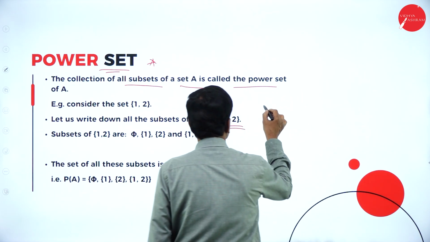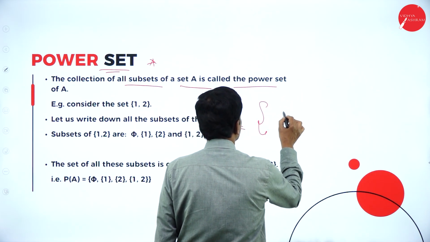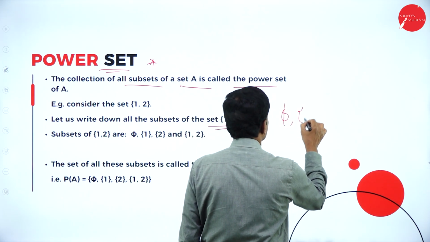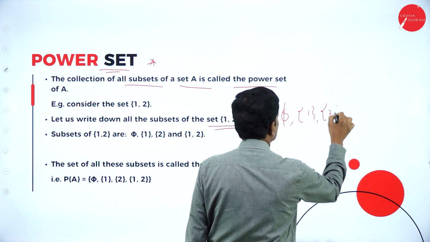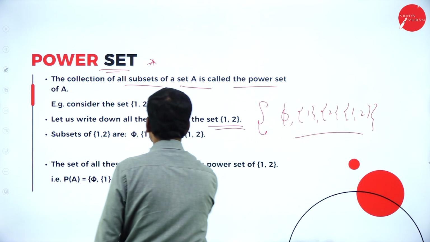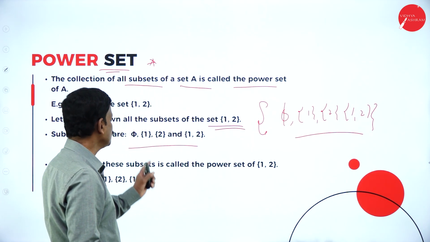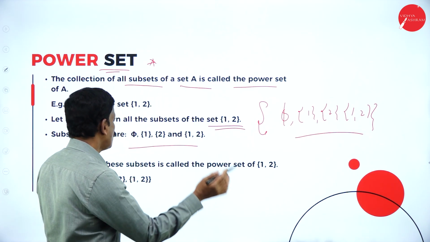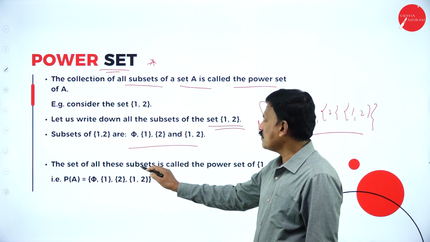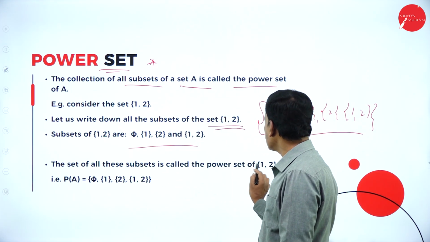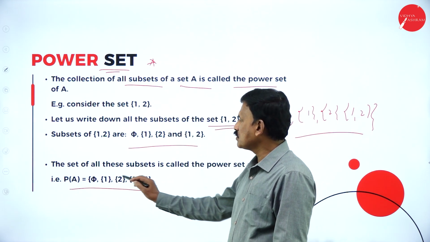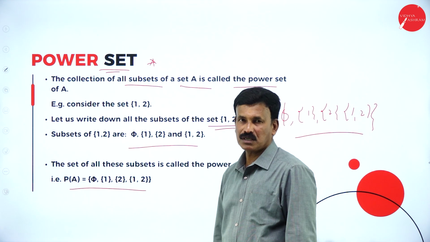So therefore the subsets of {1, 2} are: first the null set, then element 1, element 2 and {1, 2}. So all the subsets of the set A are called the power set. The set of all these subsets is called the power set of {1, 2} and it is denoted as P(A) = {∅, {1}, {2}, {1, 2}}.